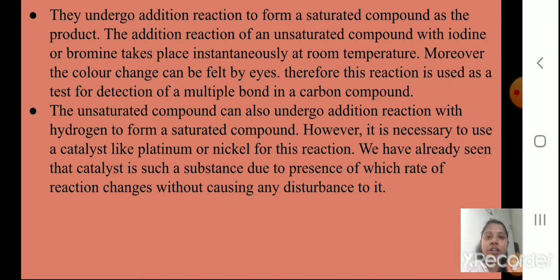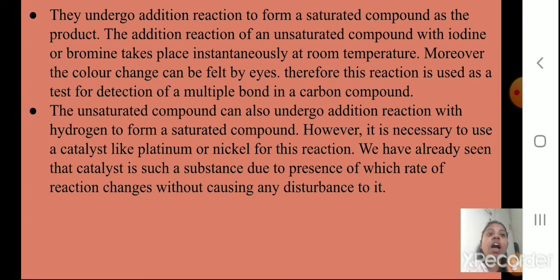So if there is a color change on adding iodine or bromine, we will understand that this is an unsaturated compound, because it contains a multiple bond, and that it has undergone the addition reaction.